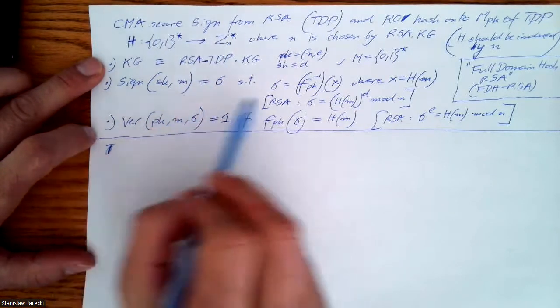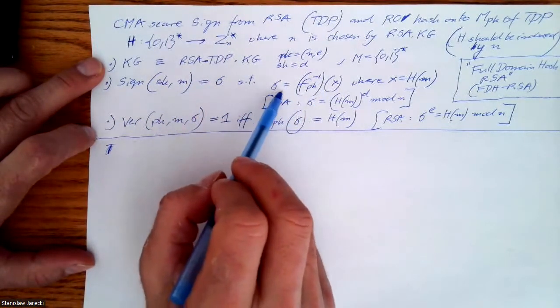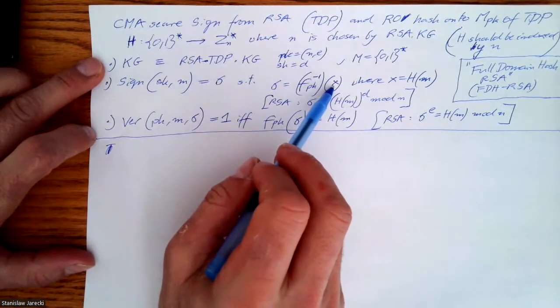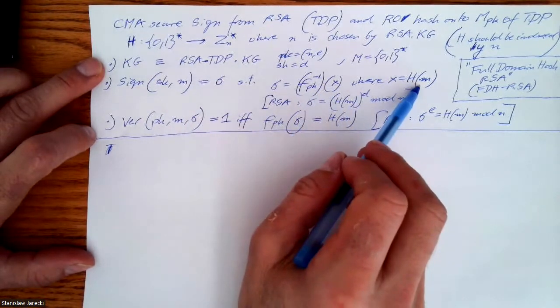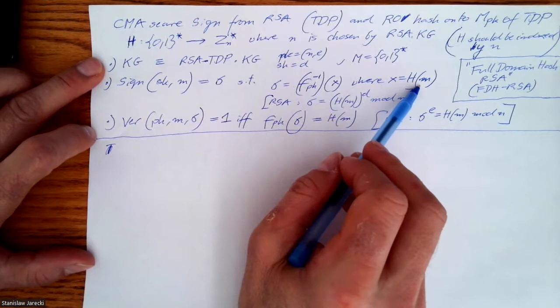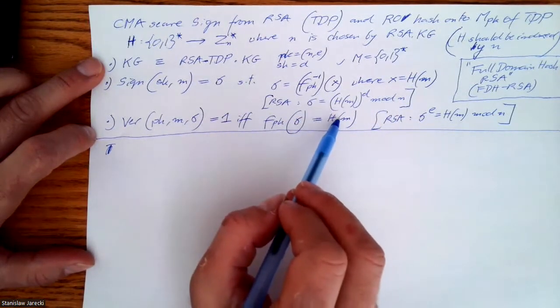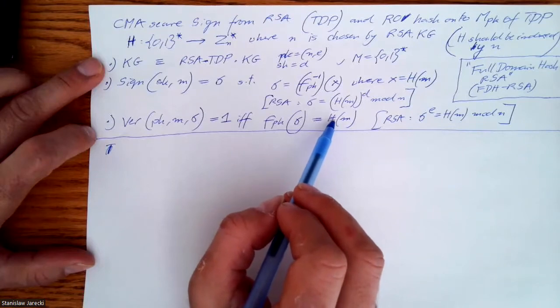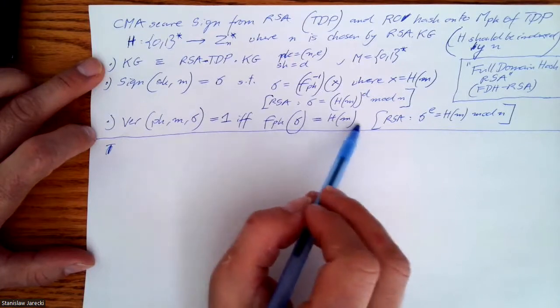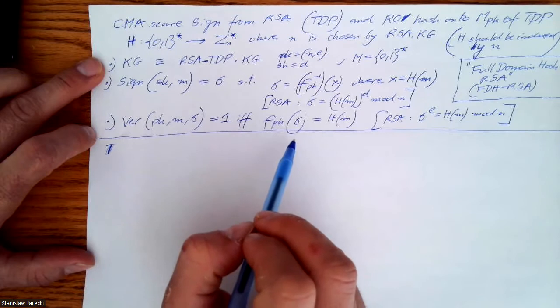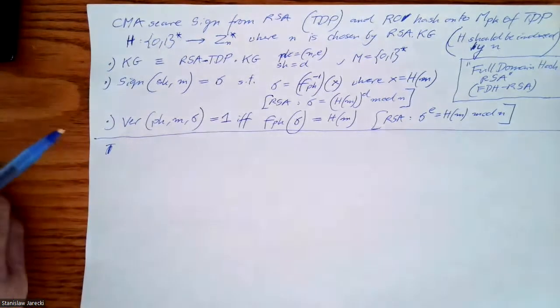And then the signature is inversion of the trapdoor permutation on that point sampled by the hash function given a message. And you compute forward and you check that this is indeed the point that was given by the hash function. Okay.